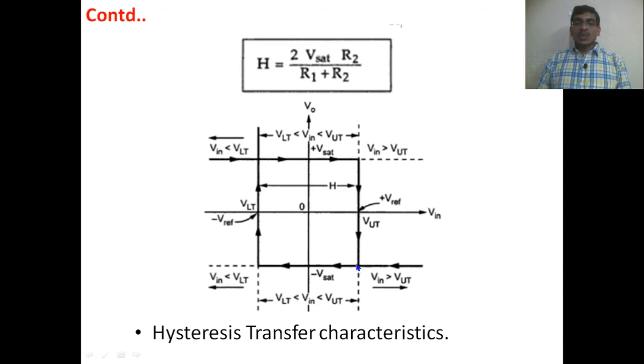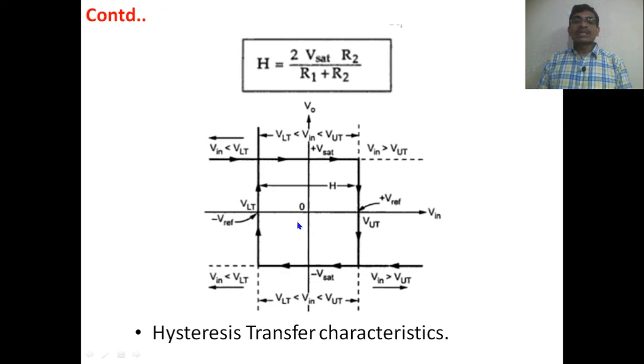When the input voltage is less than the lower threshold voltage, here why is it less than? Because it is the negative side, from 0 it is the negative side. When the input voltage is less than the lower threshold voltage, then only the output will be switched from the minus V saturation level to the plus V saturation level.